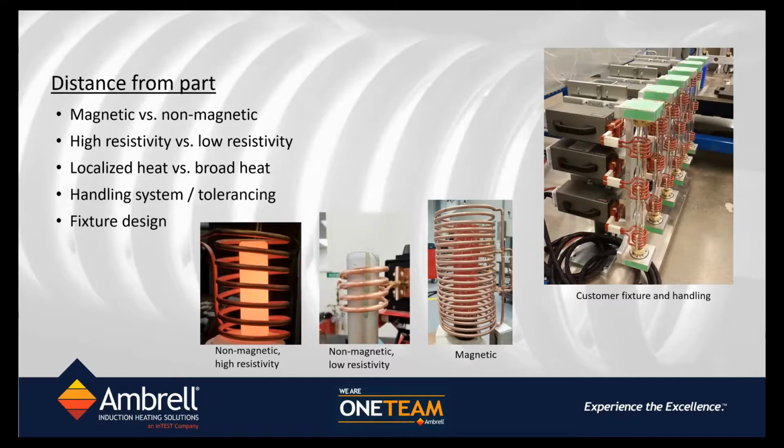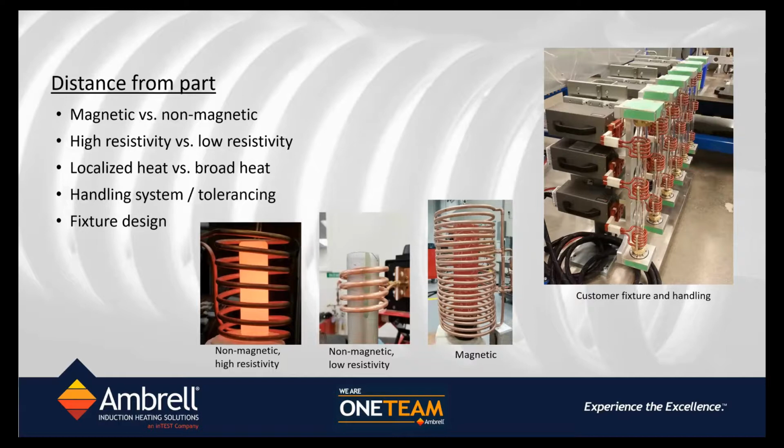Or, as you can see, the picture on the extreme right shows a glass tube inside the induction heating coil. Now you have to allocate space for that glass tube to slide in easily inside the coil.